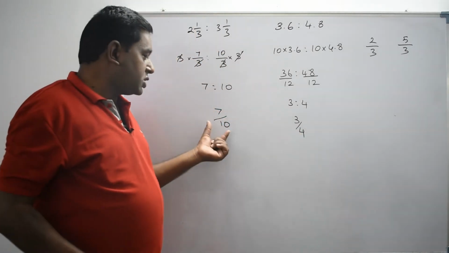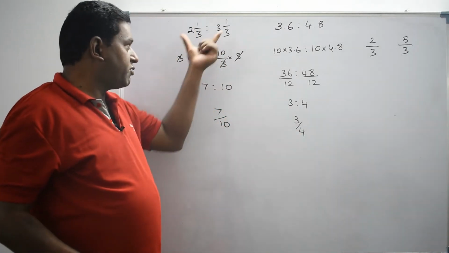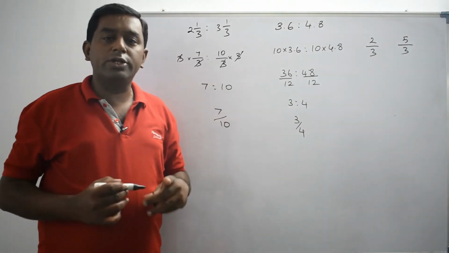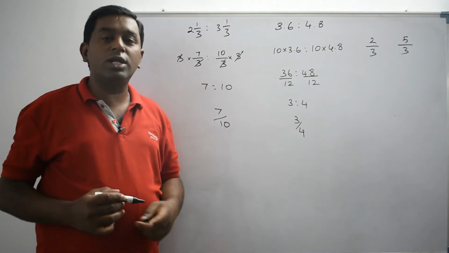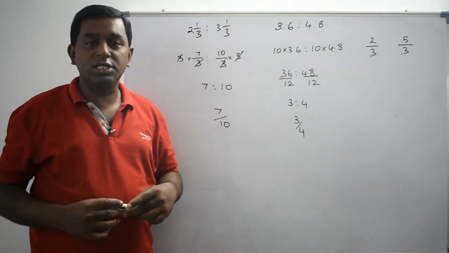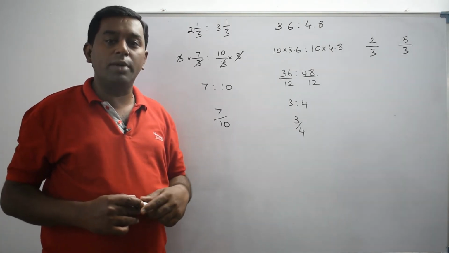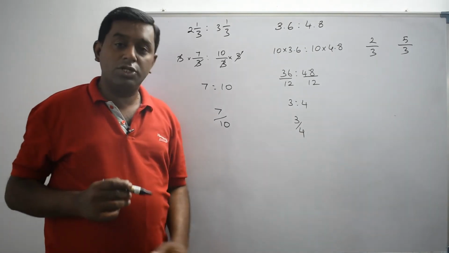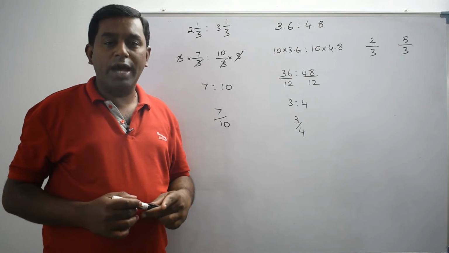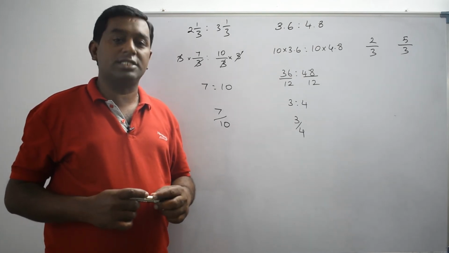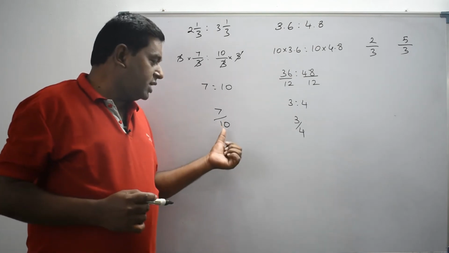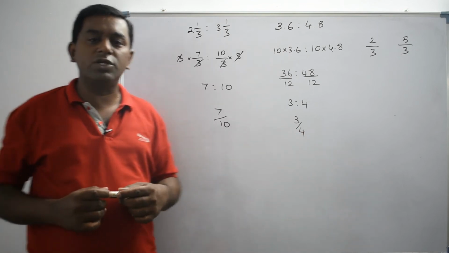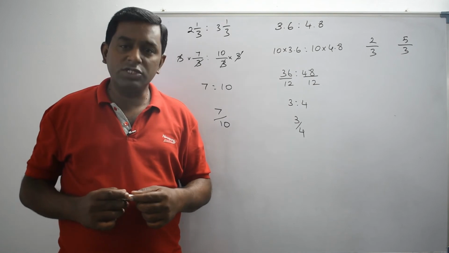Okay, I got the fraction 7/10 from the first ratio, 3/4 from the second ratio. Now I have to convert them into equivalent like fractions, that is, I have to get the same denominator for both the fractions. Here the denominator is 10, but here the denominator is 4. How do we make the denominators the same? Find the least common multiple of the two denominators, 10 and 4, which is 20.